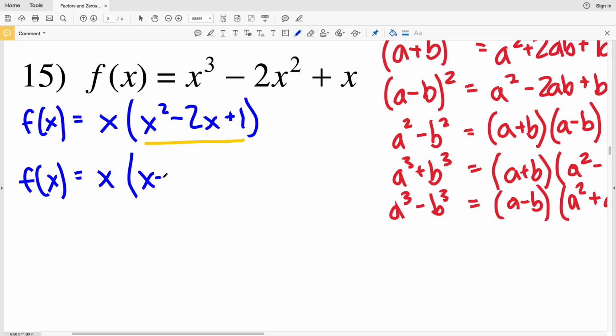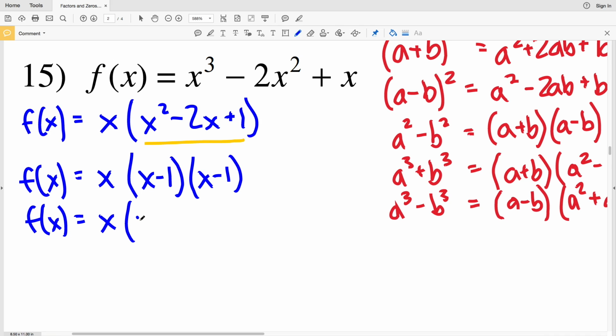So we'll have x minus 1 times x minus 1. And again, if you were to multiply x minus 1 times x minus 1, you would get x squared minus 2x plus 1. Because negative 1 times negative 1 is a positive 1, and negative 1 plus negative 1 is a negative 2. Multiplies to give us c and adds to give us b. Now I'm going to simplify this even further, writing f of x as x times x minus 1 squared.